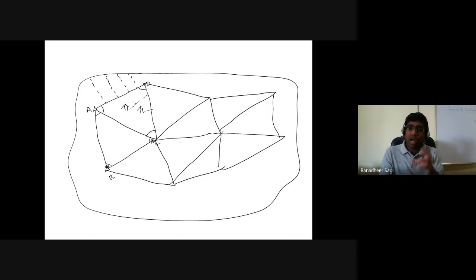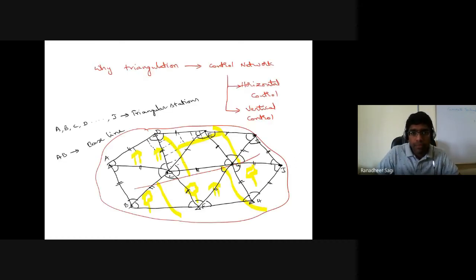Whatever you are trying to calculate by making use of your sine and cosine rules, the dimensions of certain lines, let's say for example, I am identifying a survey line going from triangulation station E to G. So this E to G survey line, I am calling it as, let's say, my baseline. Oh, sorry, check line.